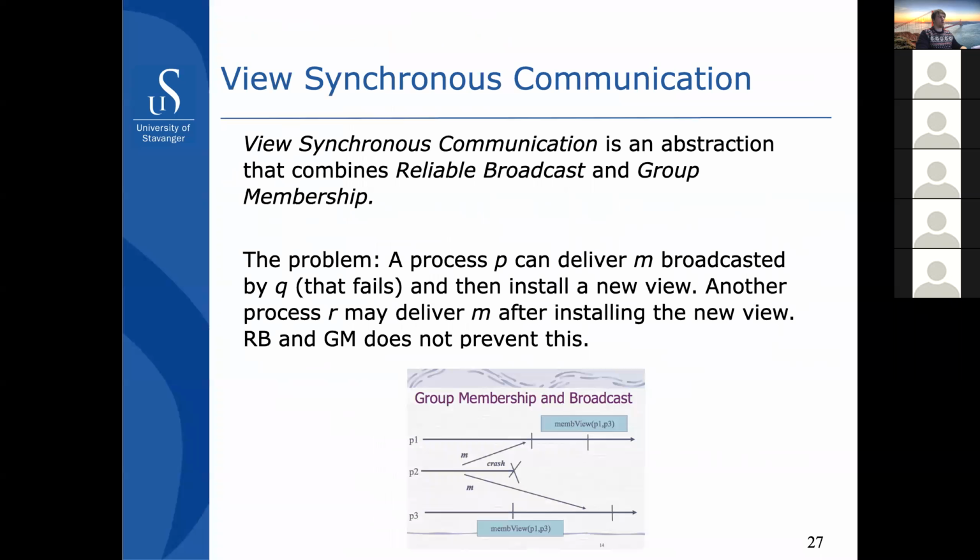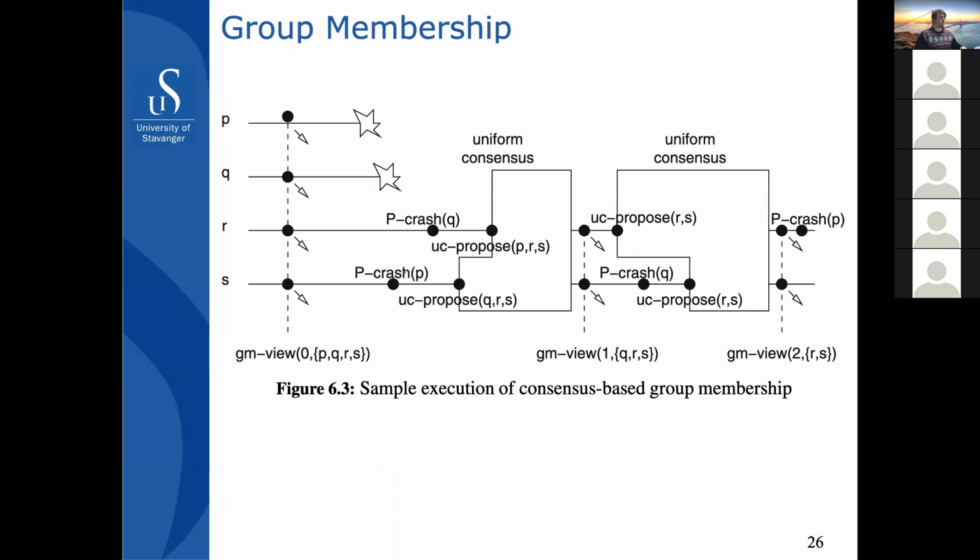But here it's even more fine-grained, in that we can see we have 4 processes, and in the initial view, view ID 0, all of them are in the membership, all of them are correct. And then 2 of them crash, and you see that the failure detector of R detects that Q crashed, but the failure detector of S detects that P crashed. And this is the value that they use to propose in the consensus instance.